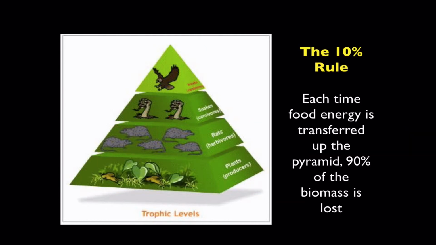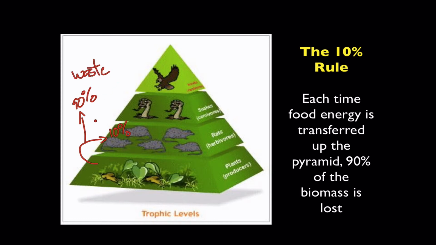Now, this is controlled by something called the 10% rule, which means that each time you move food energy up one level, only about 10% of that energy gets transferred to the biomass of the next level. 90% of that energy is lost as waste.